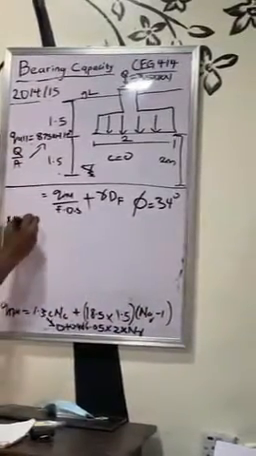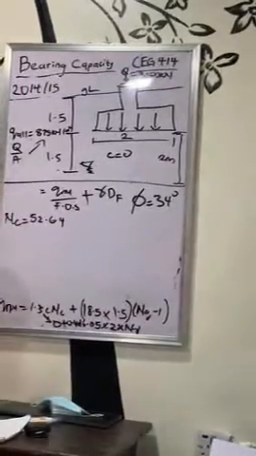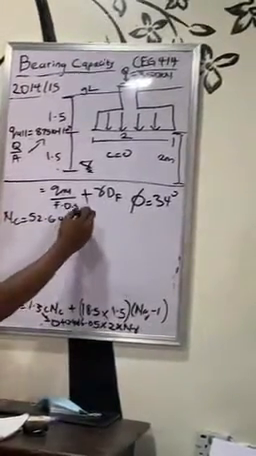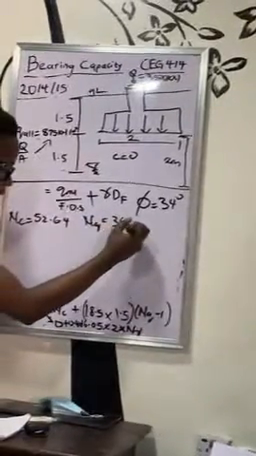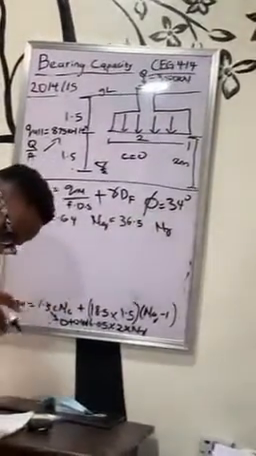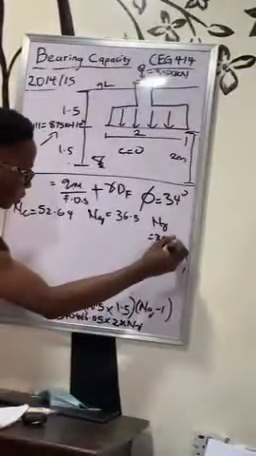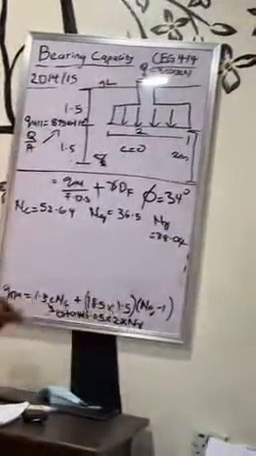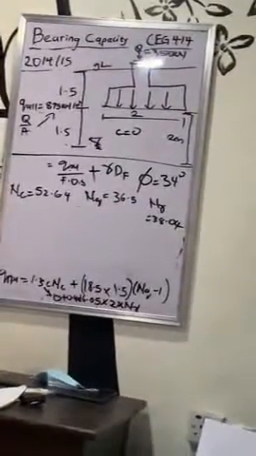NC was 52.64, right? Our NQ was 36.5, and N gamma... Put the values into this equation and press your calculator.